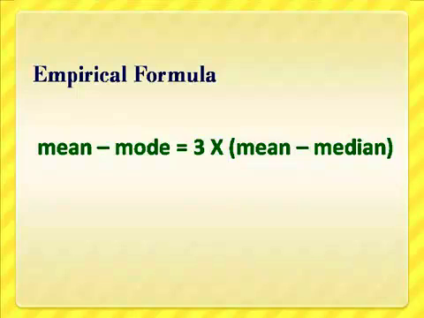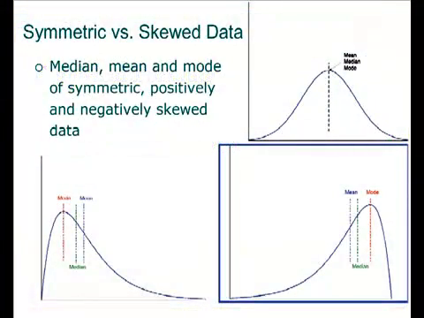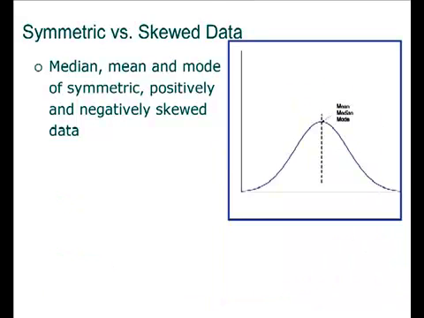In the case of unimodal frequency curves, we can compute one measure if two of the measures are known, using the empirical relation. In a unimodal frequency curve with perfectly symmetric data distribution, the mean, mode and median are all at the same center value. The slide shows three different kinds of figures. The first figure is called the unimodal frequency curve.